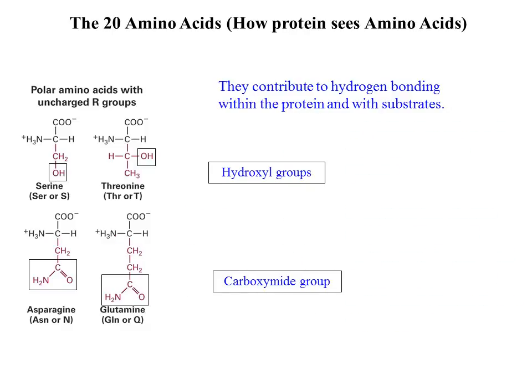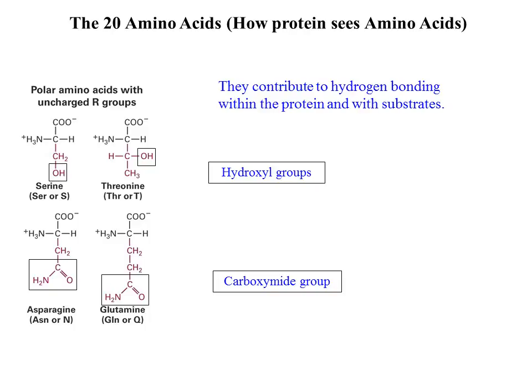Now, we have two categories. One, hydroxyl group amino acids, and that's serine and methionine. They both have a hydroxyl group. They obviously can interact with water. They also have no problem being inside, if it must be. And the carboxyamide group.